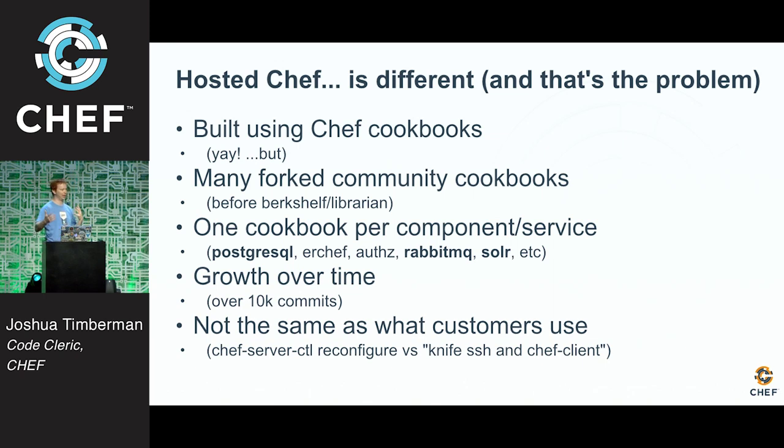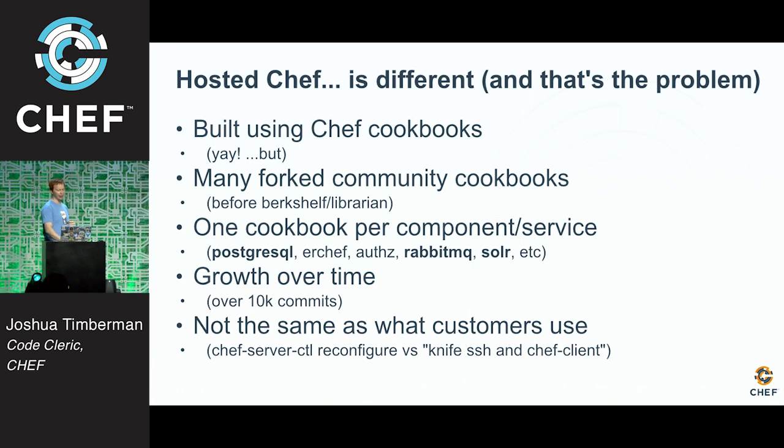And we developed that in that repository over time, and it's completely diverged from the cookbooks for those various components as they've been developed in the community, but also with the code base that was Private Chef and Enterprise Chef. Those cookbooks that are used by Chef Solo in the Omnibus packages are different. So this isn't the same as what our customers use. So it means that we're doing stuff internally that's a little bit different than what our customers are doing, and that creates a cognitive dissonance.